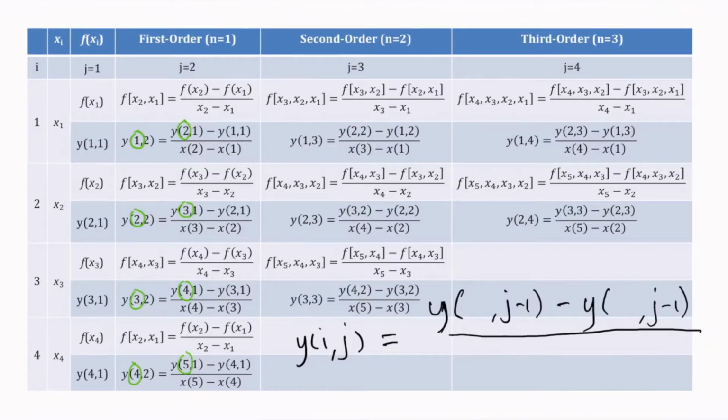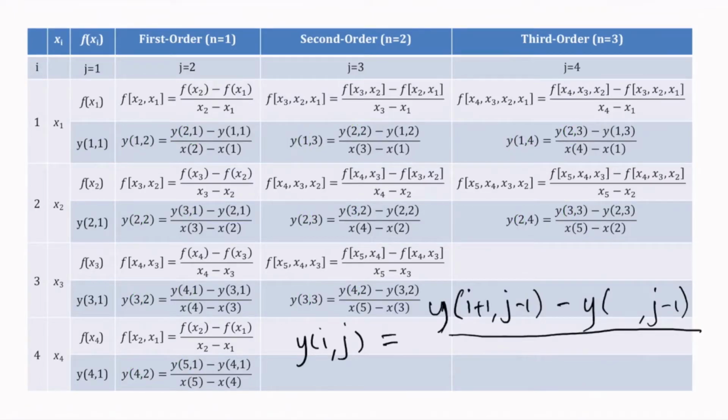So let's see if this is correct. This corresponds to 1, 2, 3, and this is 2, 3, 4. So again, that's correct, i plus 1. Here we have 1 and 2, and here we have 2 and 3. So that means that the first index in this term corresponds to i plus 1. And that's what we're going to write here.